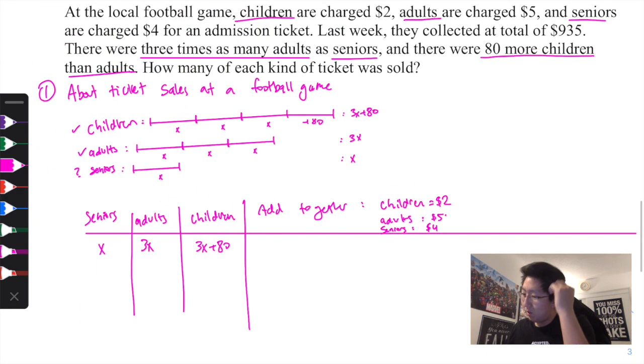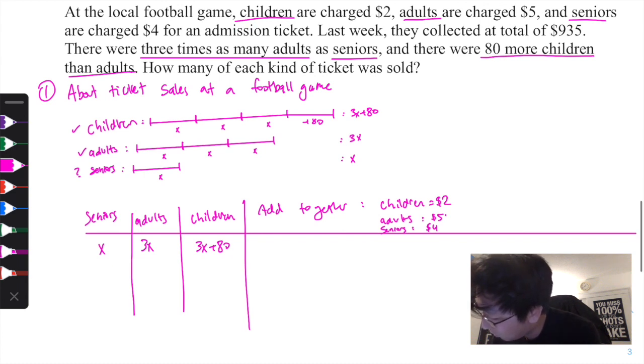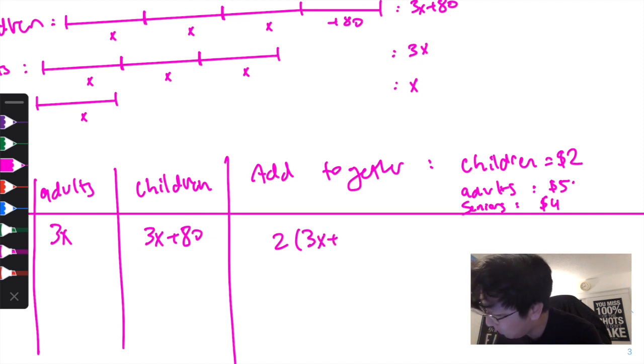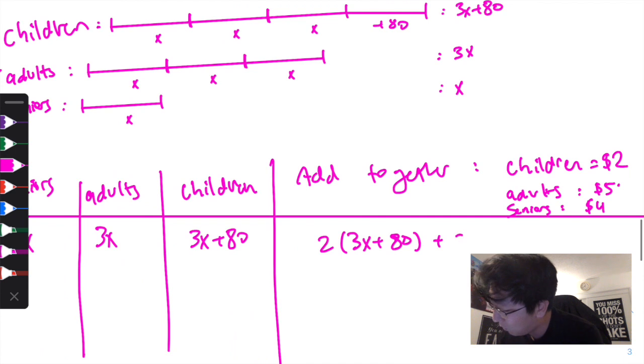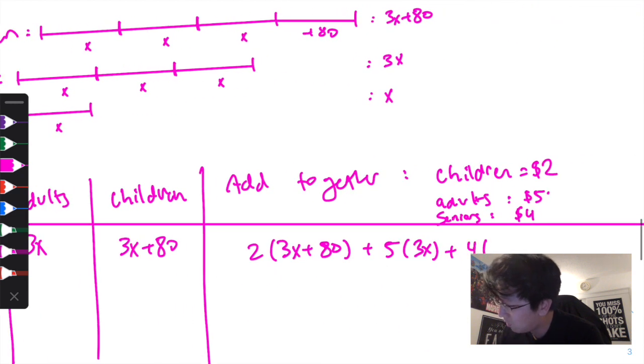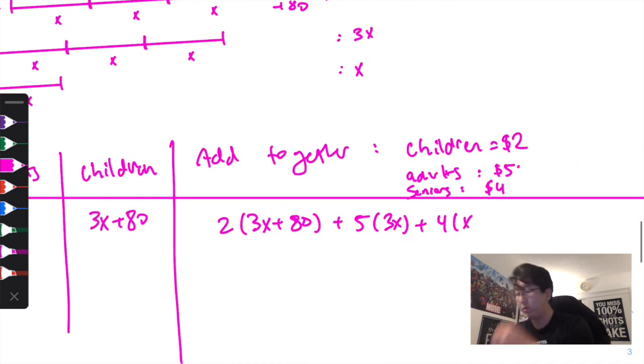So each child is $2: 2 times 3x plus 80, the number of children, plus adults is $5, so 5 times the number of adults, plus 4 times the number of seniors.